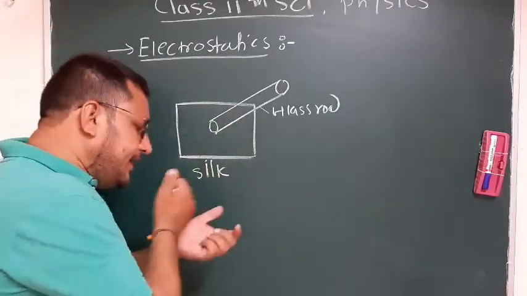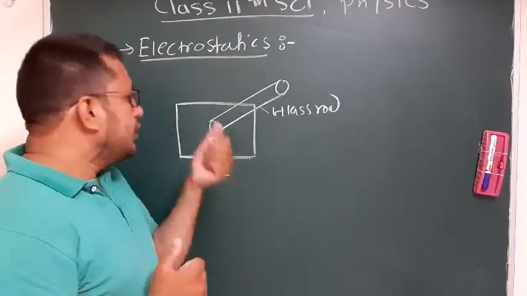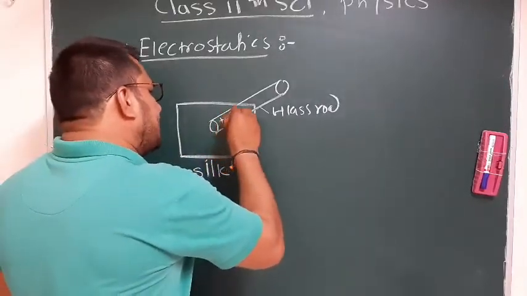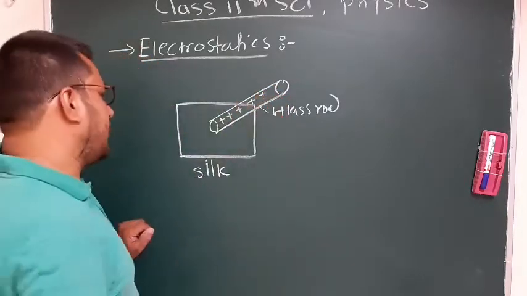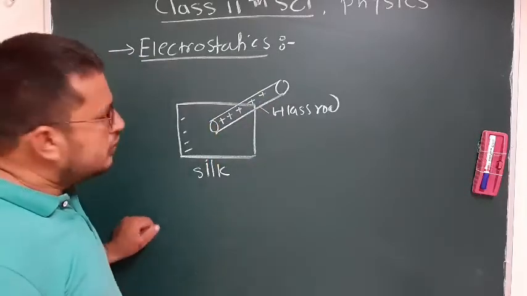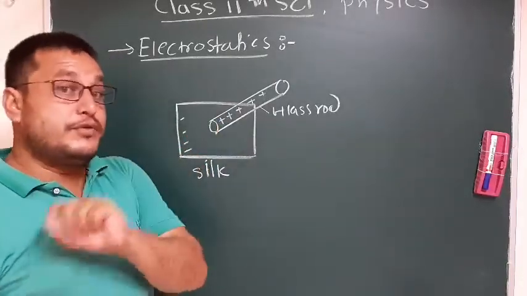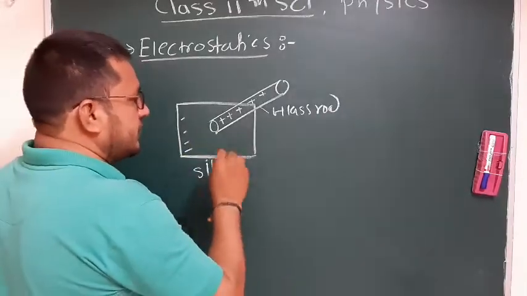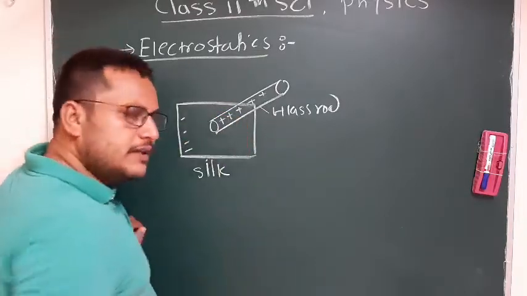When we rub the glass rod over the silk, after some time, due to that rubbing, a positive charge comes on the glass rod and a negative charge comes on the silk. Before the rubbing, these two bodies are electrically neutral, but after the rubbing we observe the glass rod has a positive charge and the silk has a negative charge.